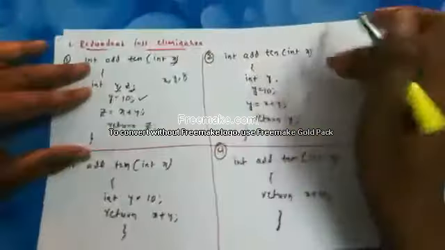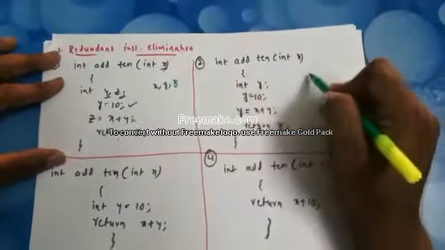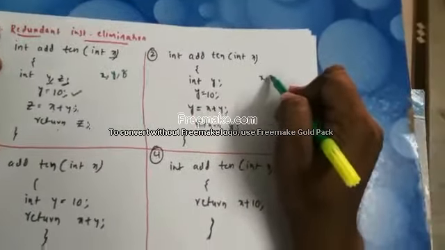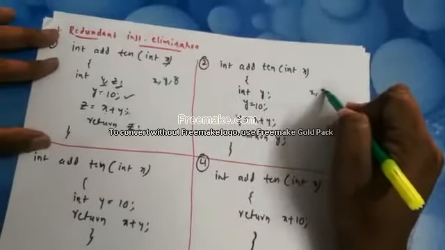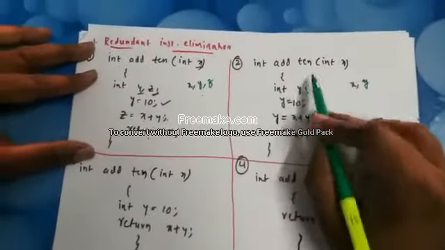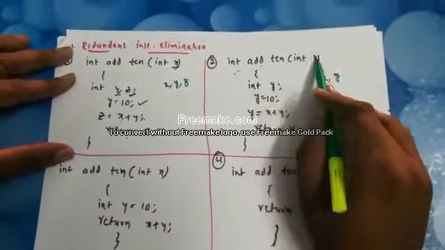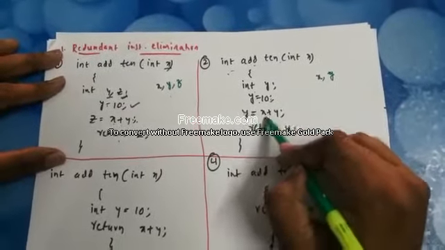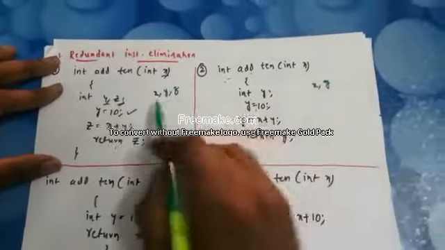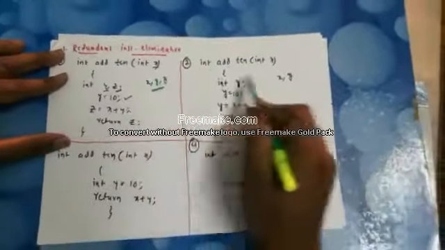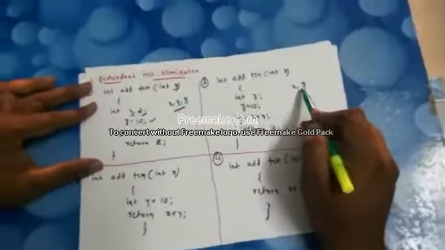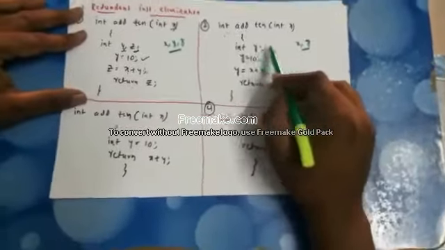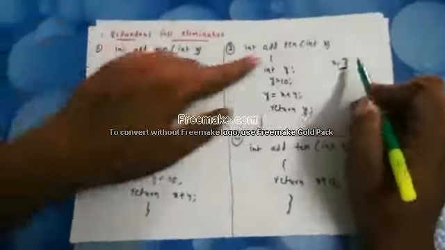Instead of three variables, I have only two variables, x and y: int add(10), int x, int y, y equal to 10, y equal to x plus y, return y. Here I can eliminate the z value.